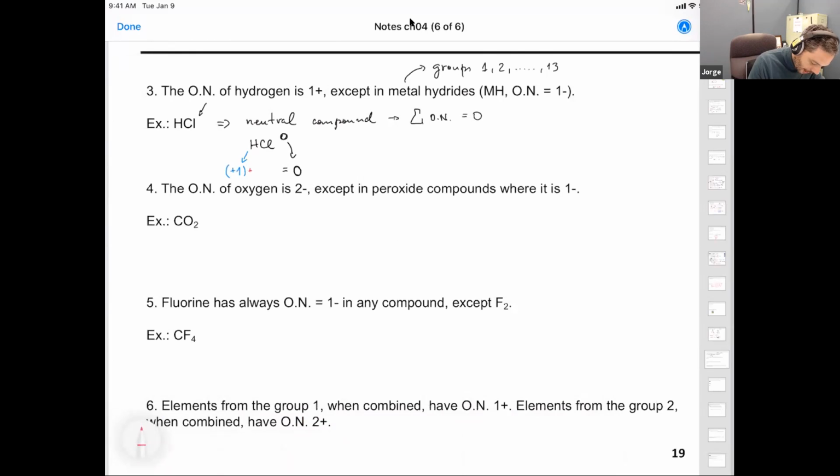So let's add the oxidation number for chlorine right here. And we know that the sum of all the oxidation numbers has to be 0. Therefore, the only possible oxidation number for chlorine in this compound is -1, or 1 minus.